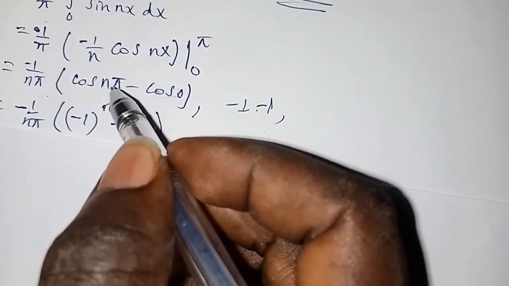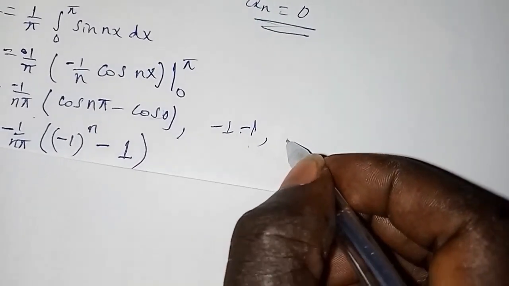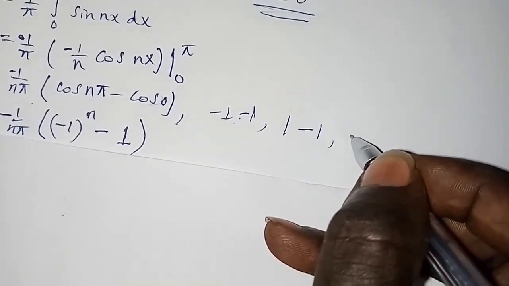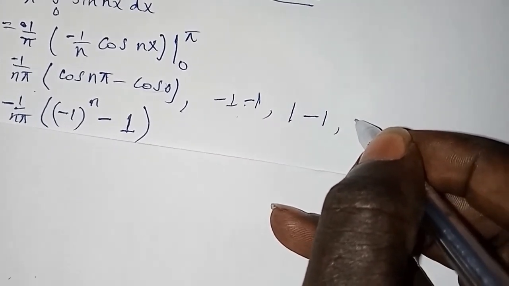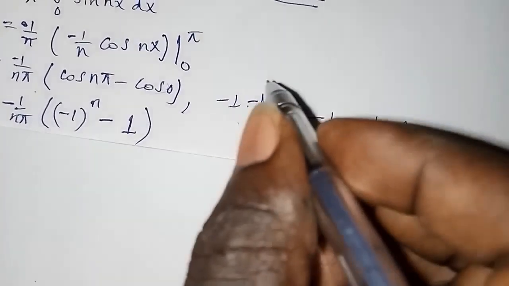If n is 2, cos 2 pi is 1, minus cos 0 which is 1. If n is 3, cos 3 pi is negative 1, minus 1 here.